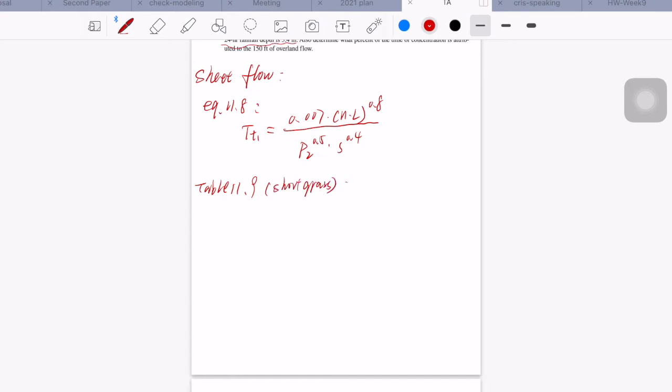So we can determine that n should be equal to 0.15, and we know the length L equals 150 feet, and P2 equals 3.4 inches, and S should be equal to 3 feet divided by the 150 feet.